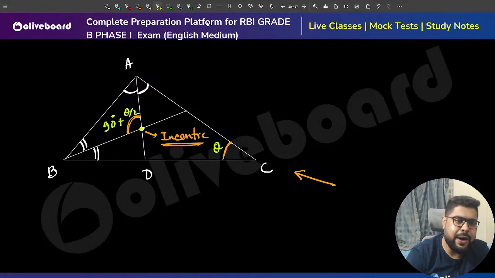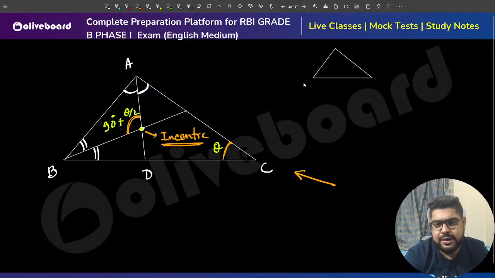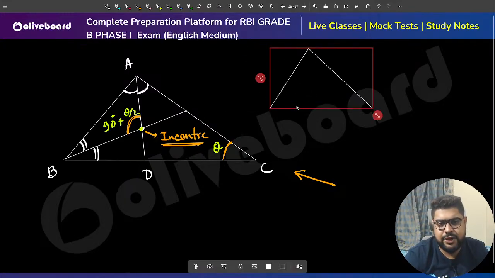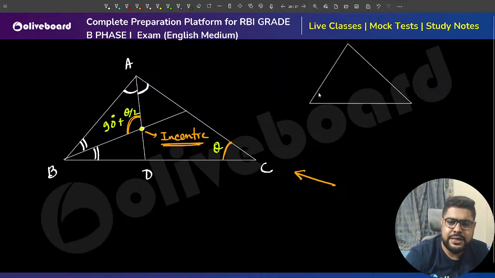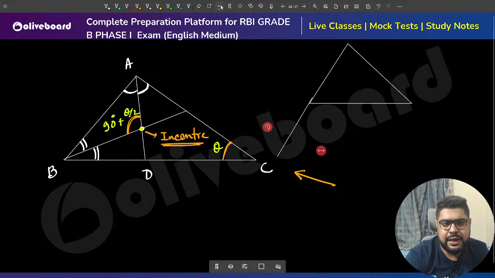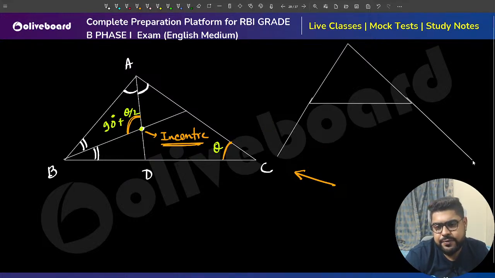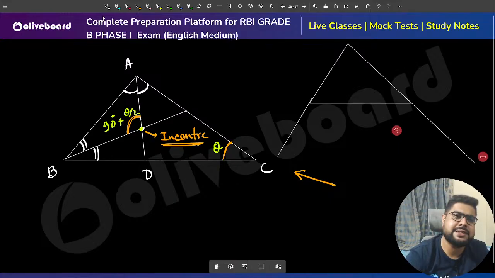Now, another part. Let's learn these two things together because it will be very helpful. Sir, if you see something like this, I've just extended two lines. Why? Because I will be needing some external angles.